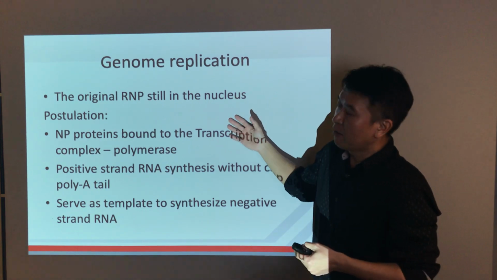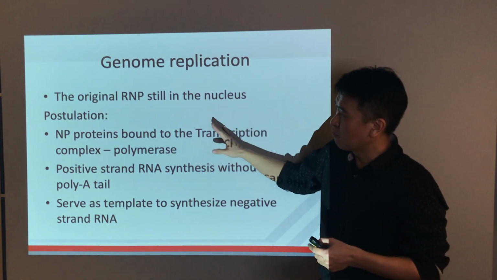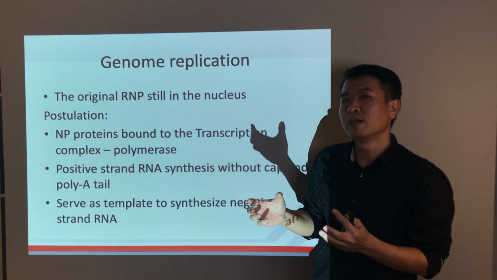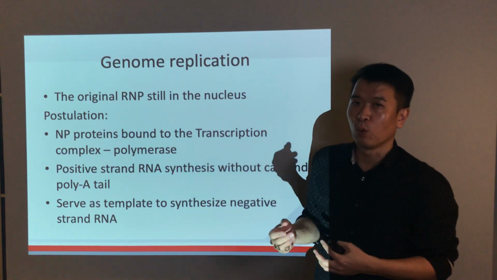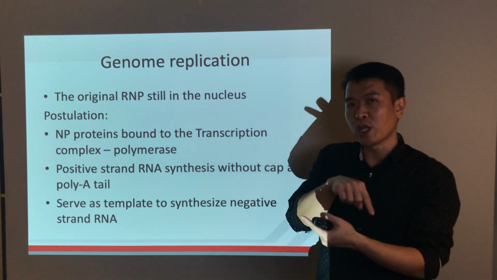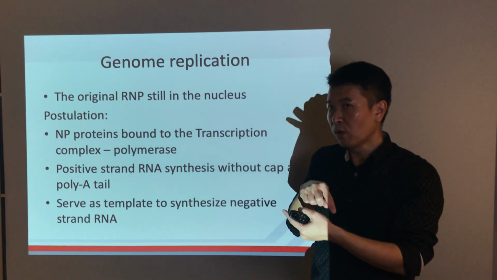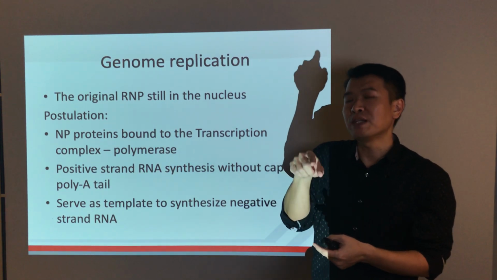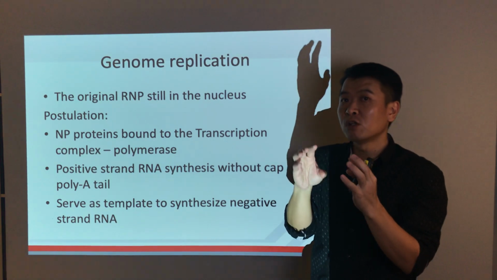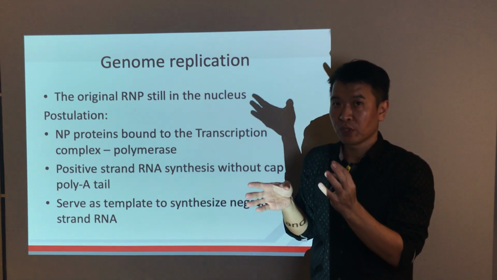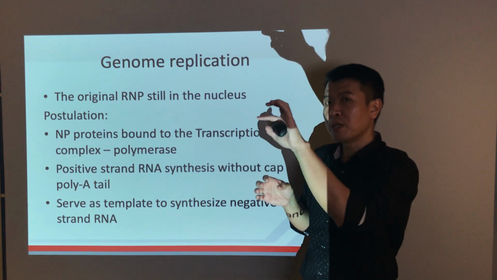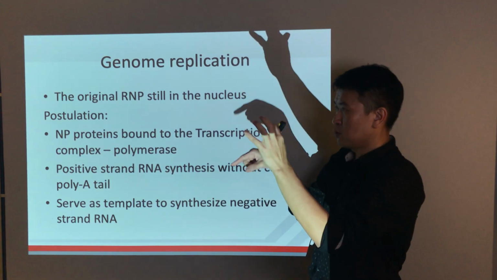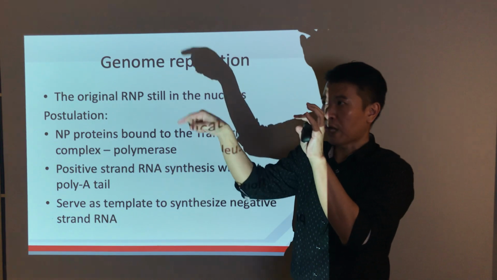So in the viral genome of influenza virus, a similar hypothesis is proposed, where the NP is the one that, once they go into the nucleus, will now bind to the original ribonucleoprotein, the RNP. So we have PA, PB1 and PB2 that bind to the nucleocapsid.